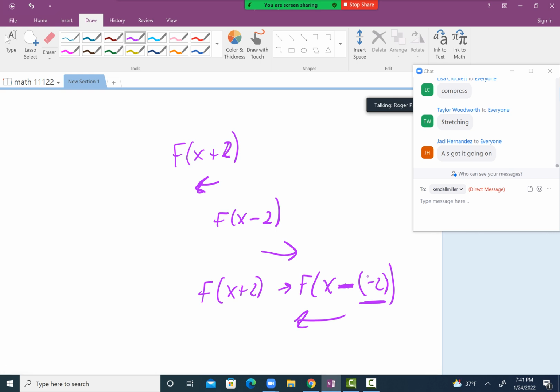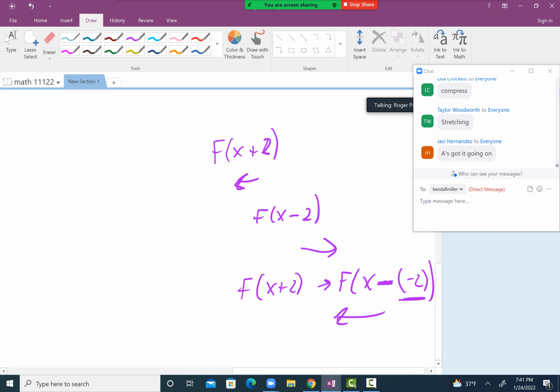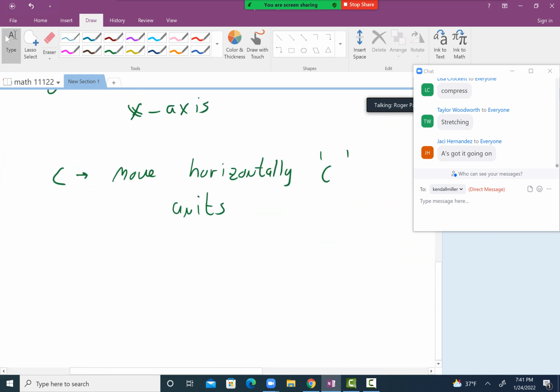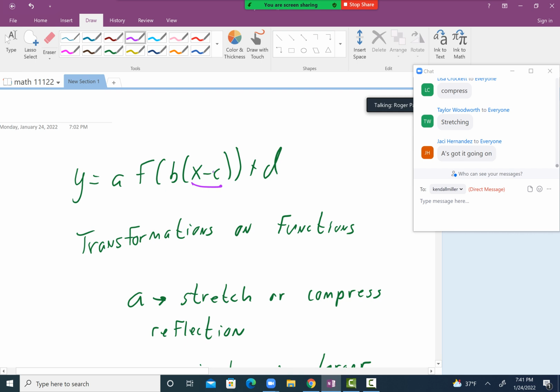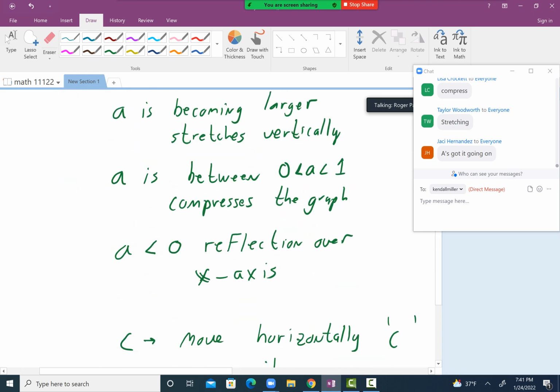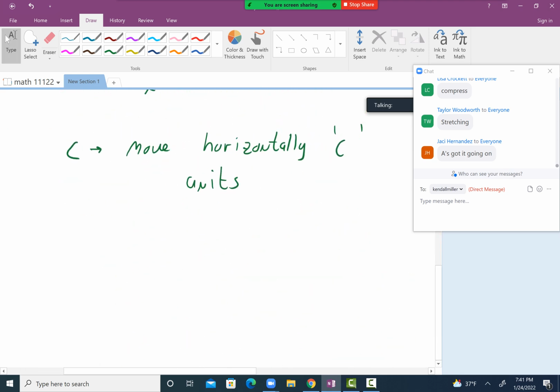If it's f of x plus 2, it's going to go to the left. So that's why I said it moves horizontally C units. If you just look at this and see that it's x minus c right there, you know that whatever that is, it's going to be the opposite. That's just how it works. Kind of confusing, but that's how it works.